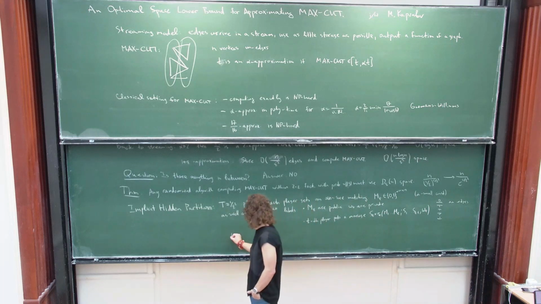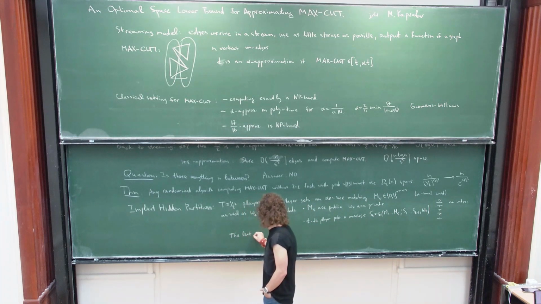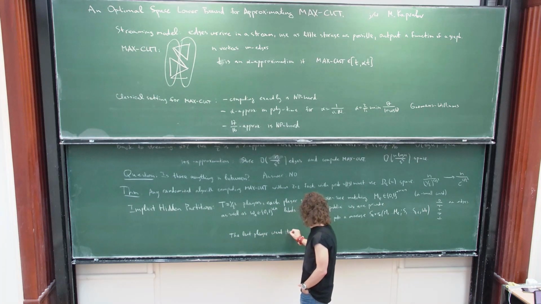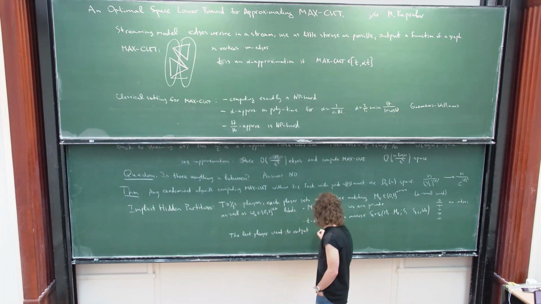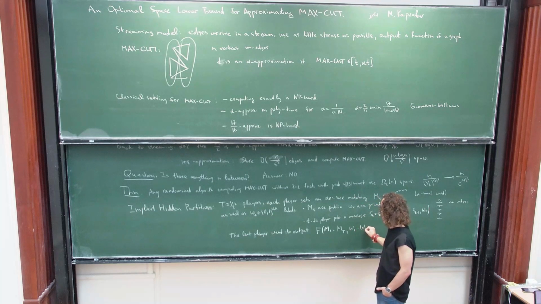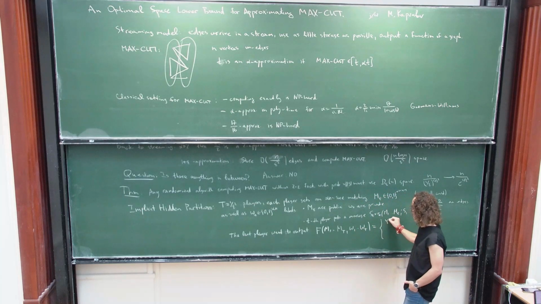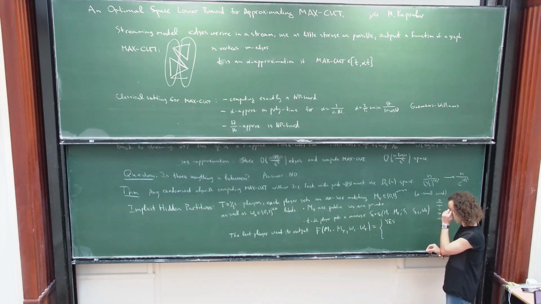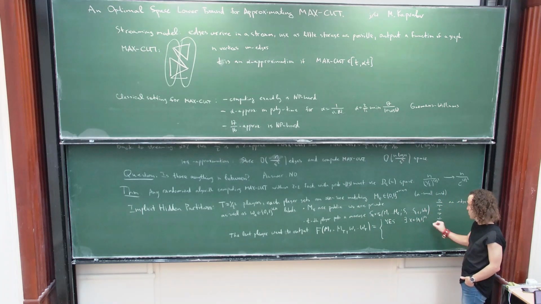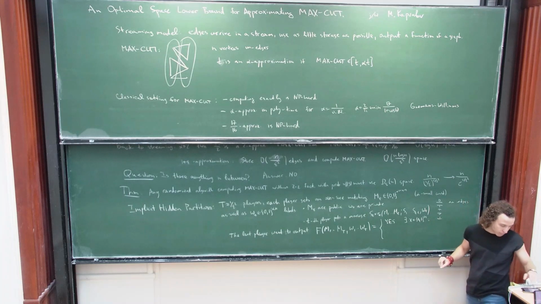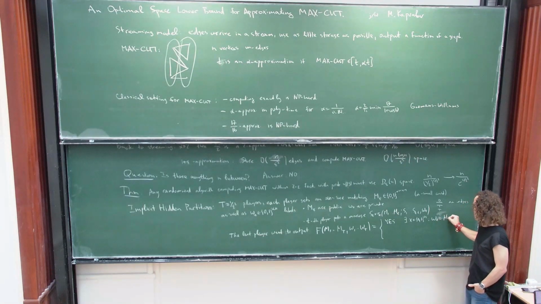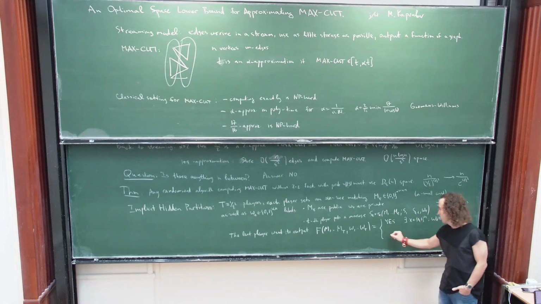So the last player wants to output a function of all matchings and labels, which is equal to yes if there exists x in 0, 1 to the n, so these are labels on the vertices, such that omega t is M_t times x, and no otherwise.